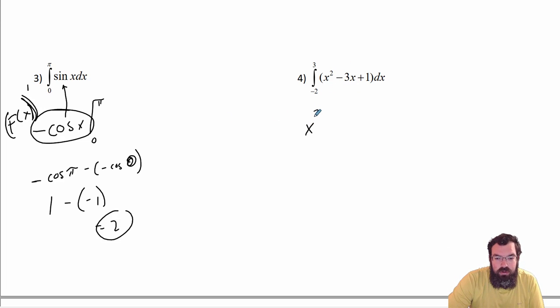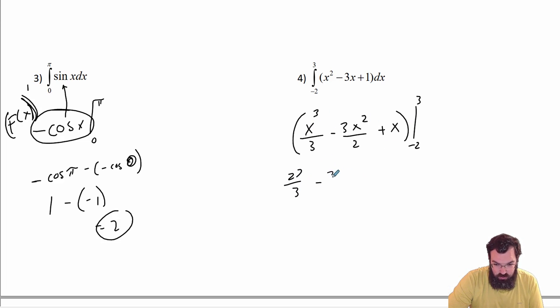This is x to the third over 3 minus 3x squared over 2 plus x. All of this is from negative 2 to 3. So 3 to the third, that's 27 over 3 minus 27 over 2 plus 3, minus, now plugging in the negative 2, that's negative 8 over 3 minus 12 over 2, minus 2.